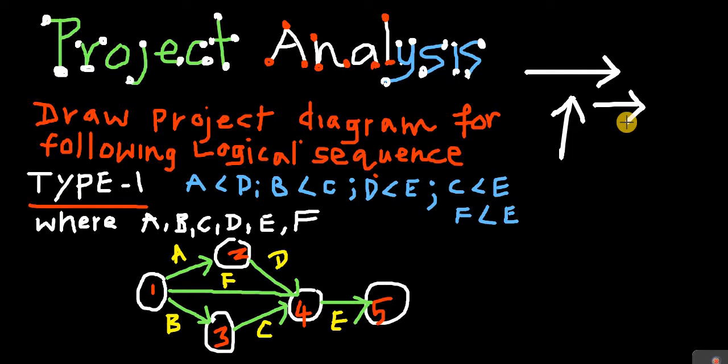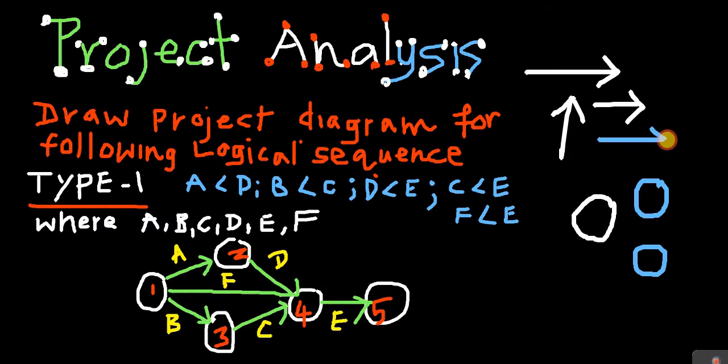We will do the problems, and at that time you will understand what an event is. Events we write as a node, like this or like this. These are events or nodes, and these are activities.